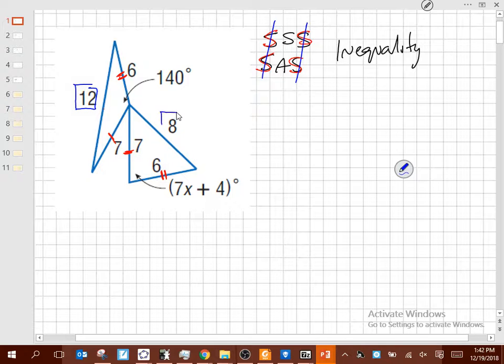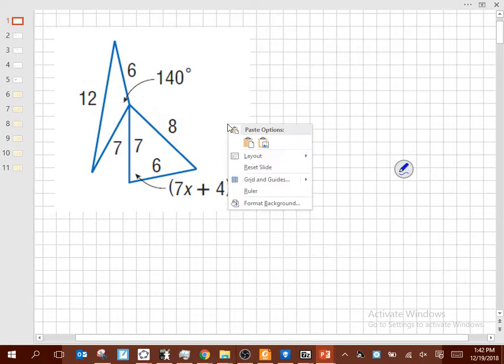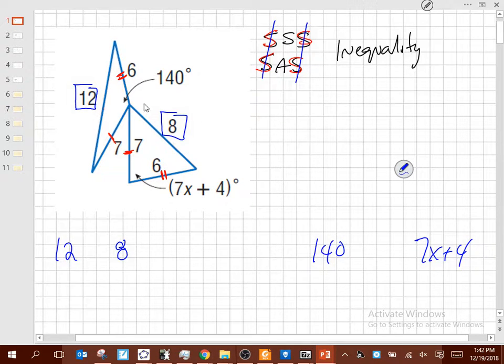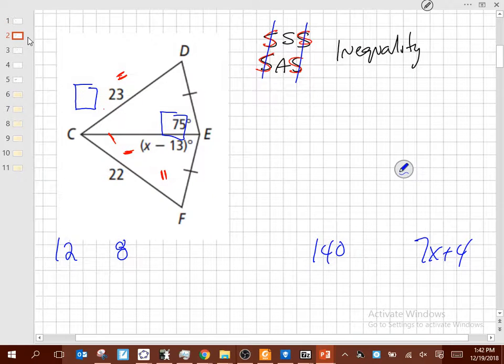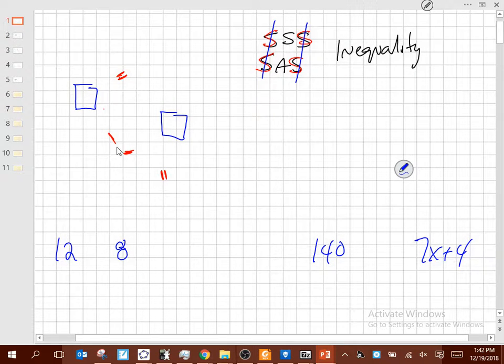12 and 8. Are you able to look at 12 and 8 and give me an understanding, if I were just to give you 12 and 8, can you make a comparison about which one's bigger?